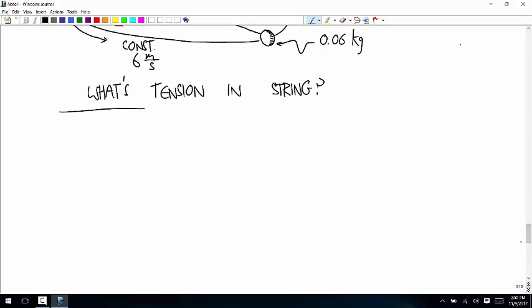Okay, so first we want to take a view where we can see the circular path. So that's a top-down view in this case. So that's the circular path from above. And I'll do the coordinate system like this.